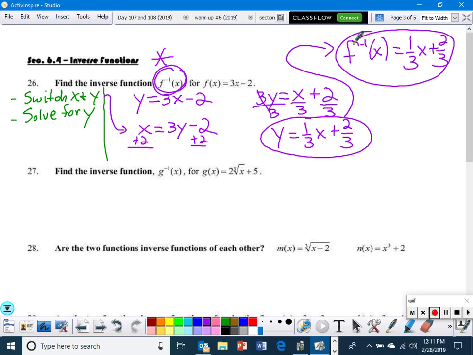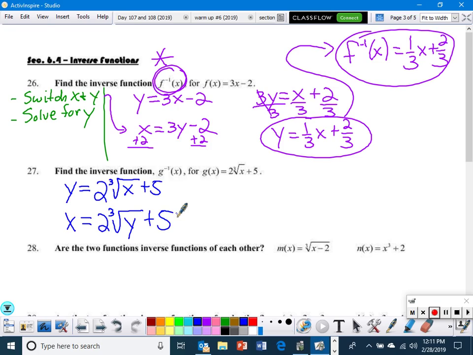All right, 27, we're going to do the same thing. We're going to find the inverse, but this is g of x. Here we go. So I'm going to go ahead and rewrite this. Switch x and y. Okay, now we have to solve for y.